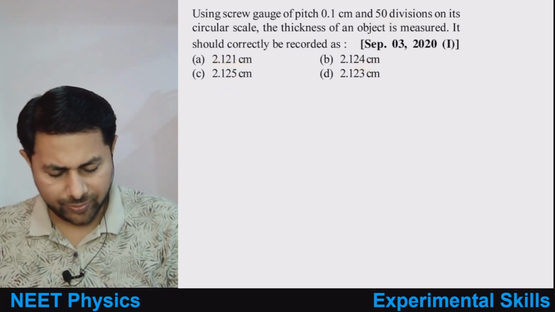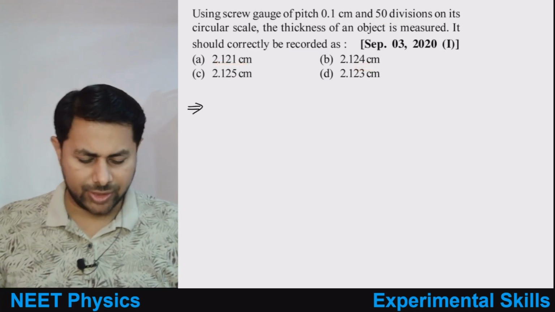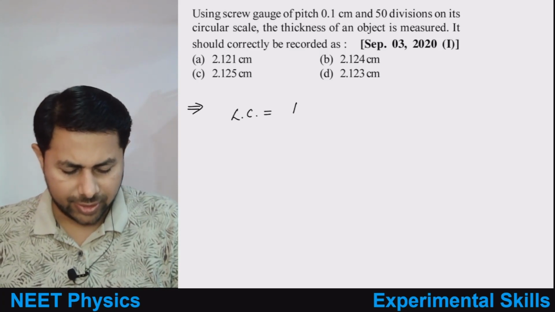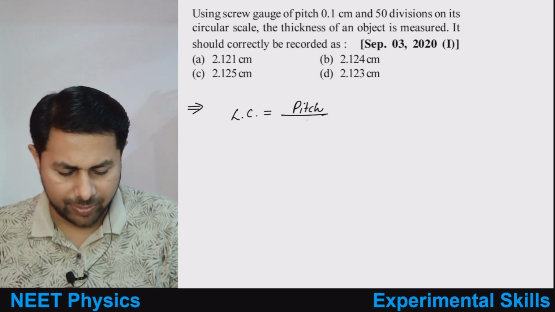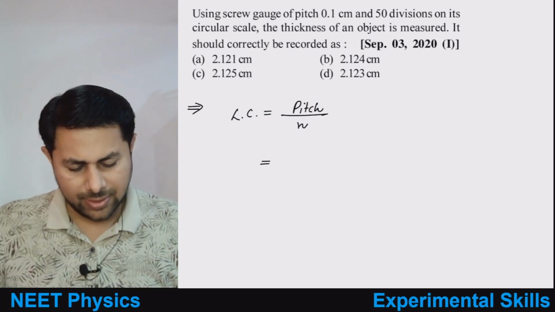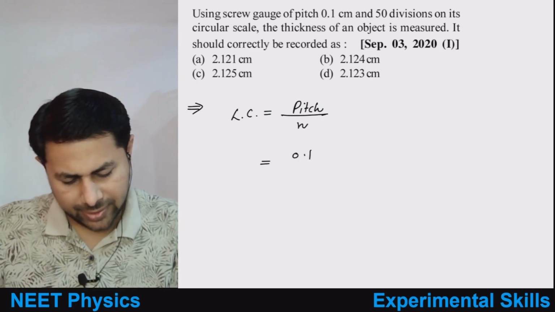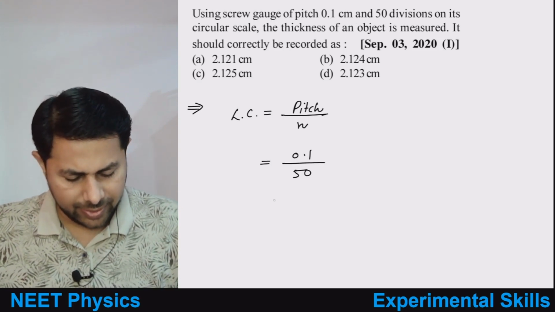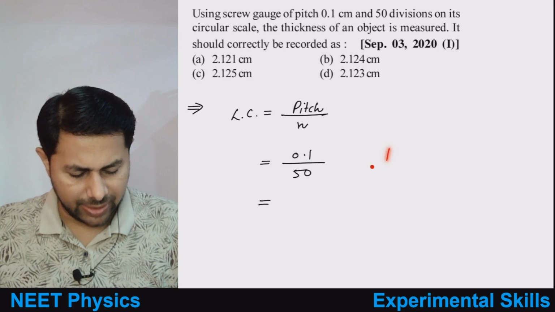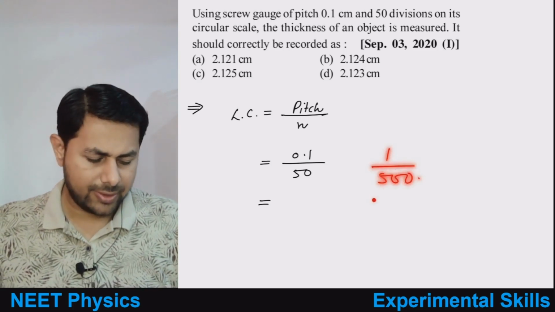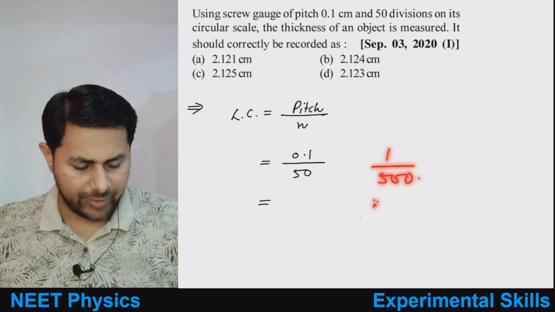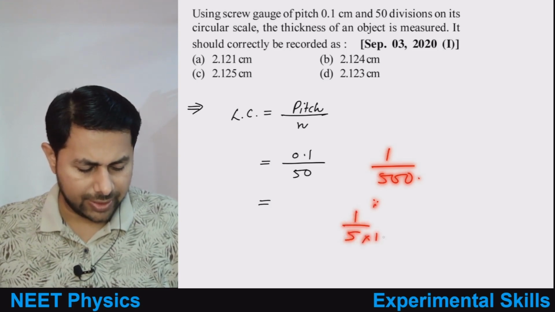So first of all, what you should do in such a question is find out the least count. So it is pitch divided by number of divisions on the circular scale. So that is 0.1 centimeters divided by n is 50. So 0.1 divided by 50 means 1 divided by 500, right? 1 by 500 means it is 1 by 5 into 10 raised to 2.